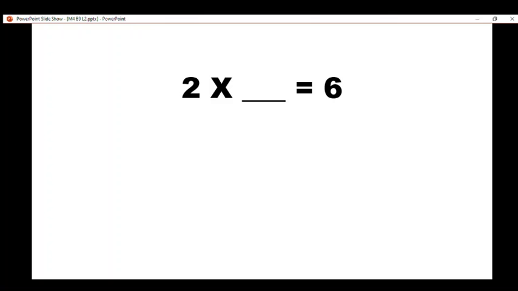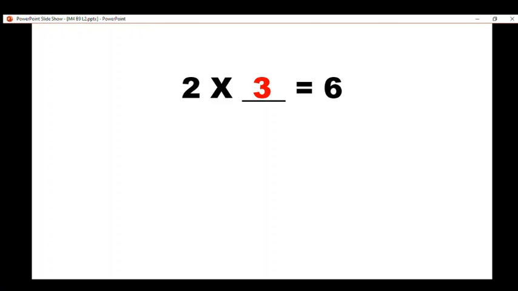So as you can see here on the screen, we have a multiplication sentence, but there's a missing number: 2 times blank equals 6. Can you tell me what is the missing number? Very good. 2 times 3 is equal to 6.